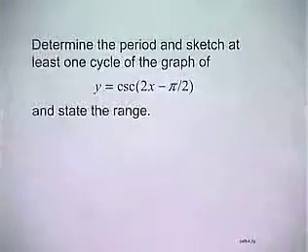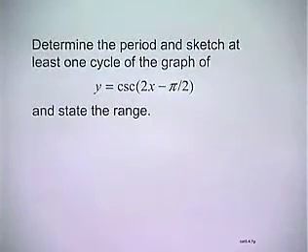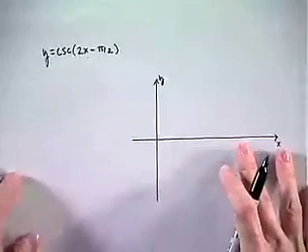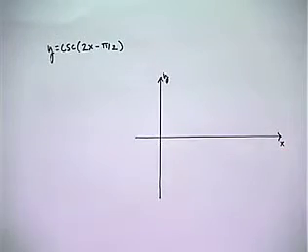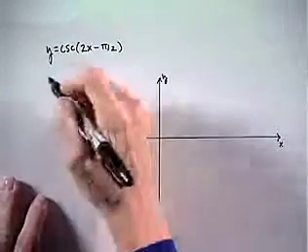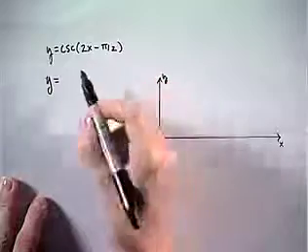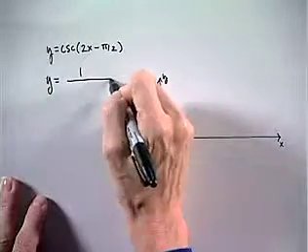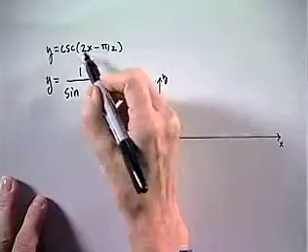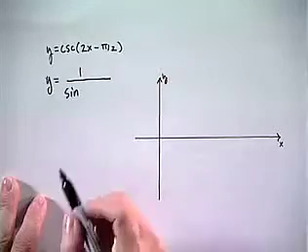Well, let's try one more graph. Let's do the following. We want to determine the period and sketch at least one cycle of the graph of y equal cosecant of 2x minus pi over 2 and state the range. Well, let's consider this. We want to graph cosecant 2x minus pi over 2, and the cosecant is the reciprocal of the sine, so this is 1 over the sine of 2x minus pi over 2.